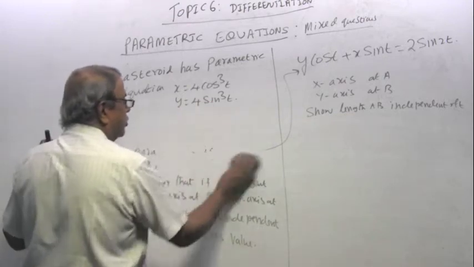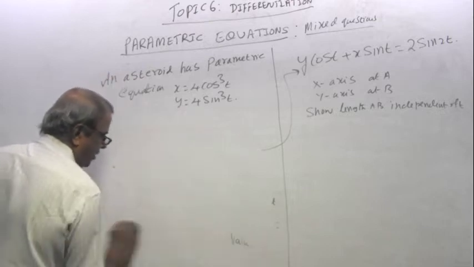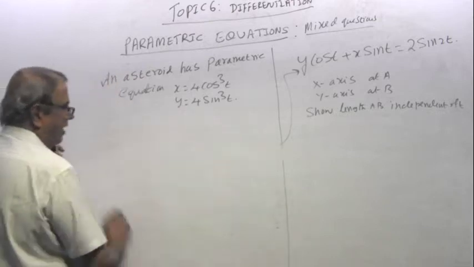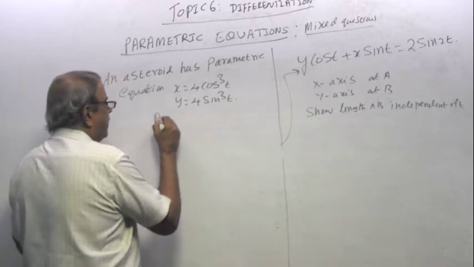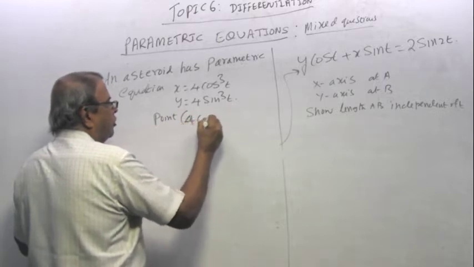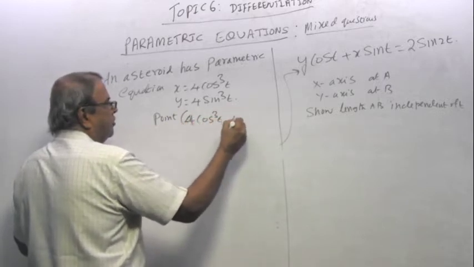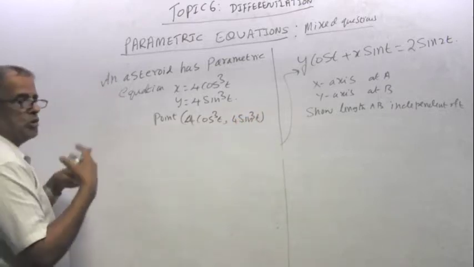I need to now show that the tangent is that. So what you do is, you know the x value, you know the y value. So the point is 4 cos cubed t and then 4 sin cubed t. I have made up this question, so there could be errors when I work.